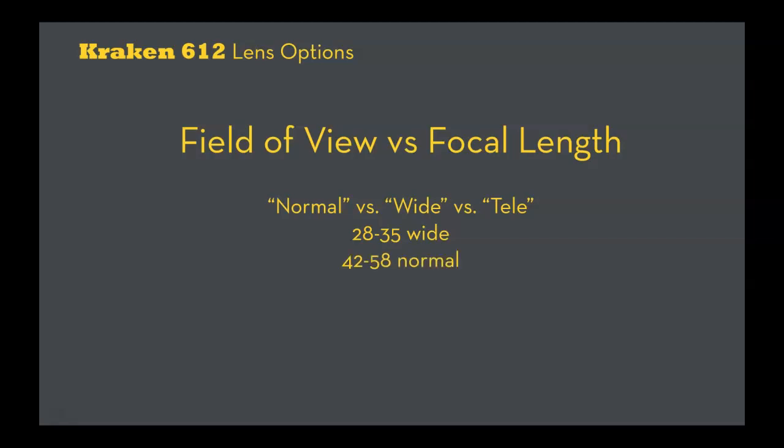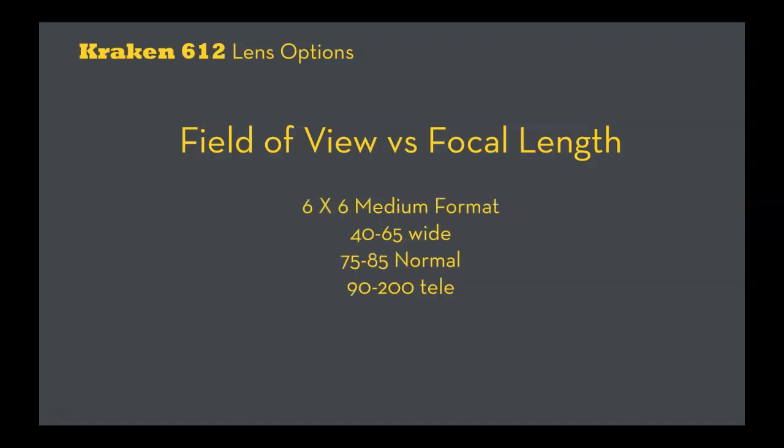Then we have normal, and normal goes from about 42 to about 58. And then 60 to 200 is tele, and of course past that 200 we get the 500 millimeter really super tele lenses. So the most common range is 28 to 200, and I'm going to break them down into that.